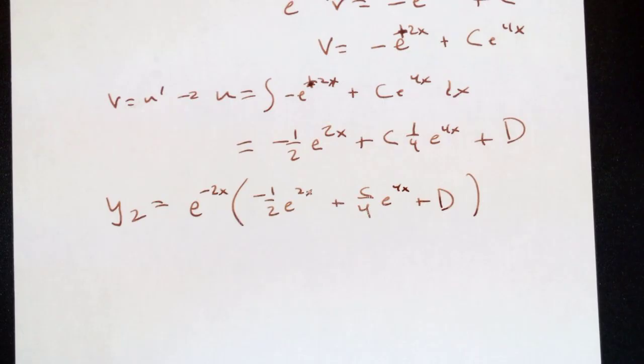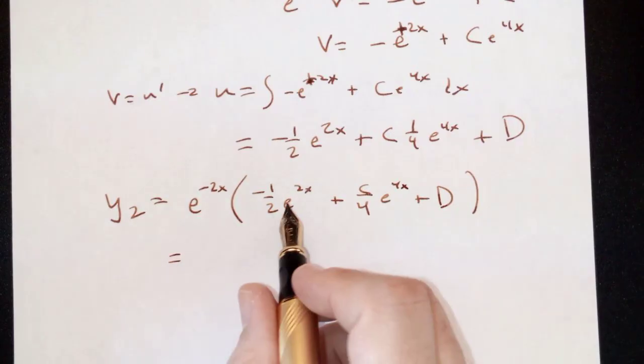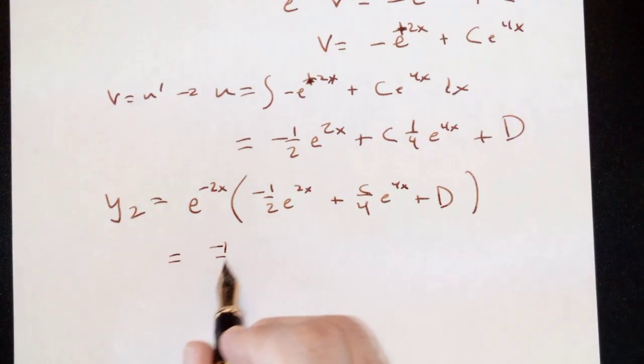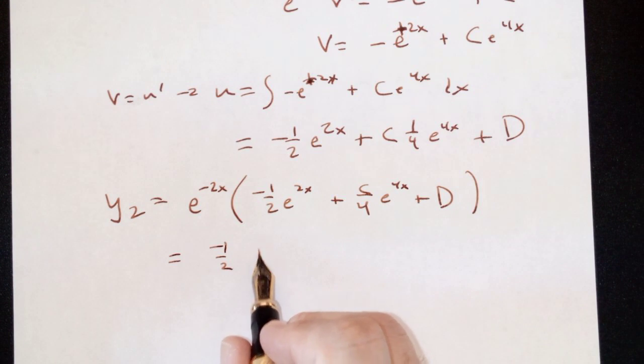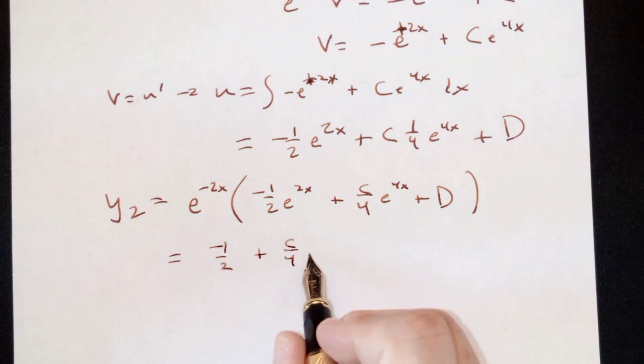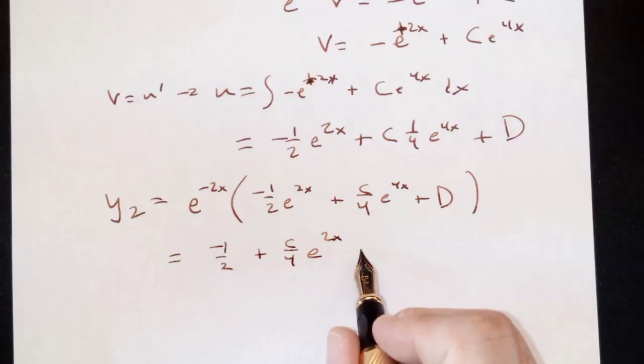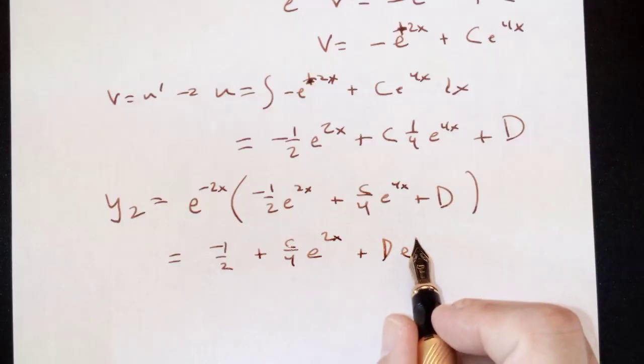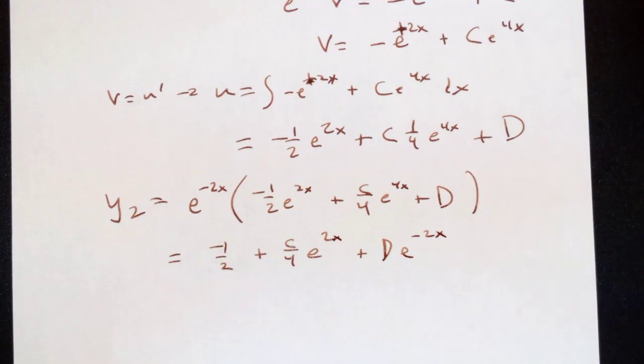With me so far? I'm going to multiply that through, and I get -1/2 plus c over 4 e to the positive 2x plus d e to the negative 2x.